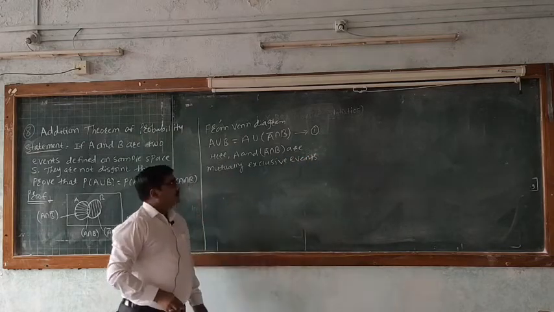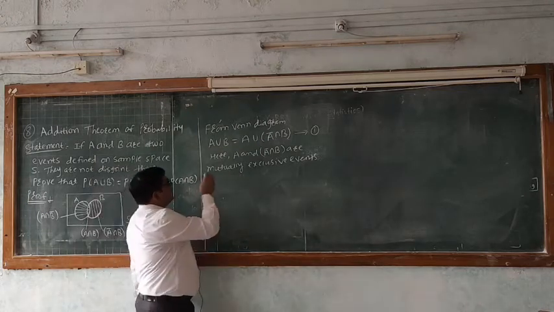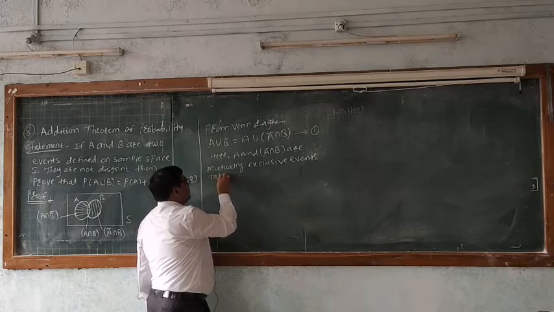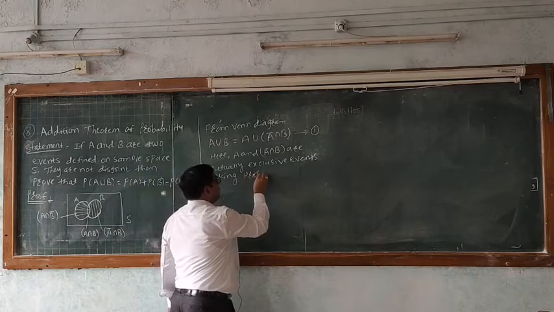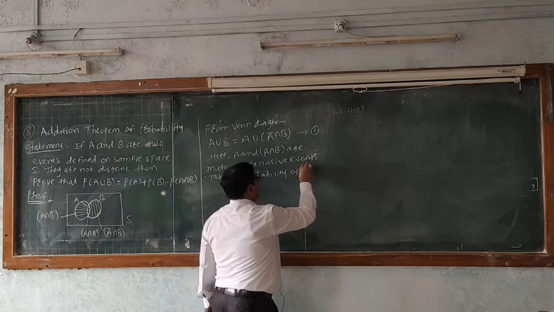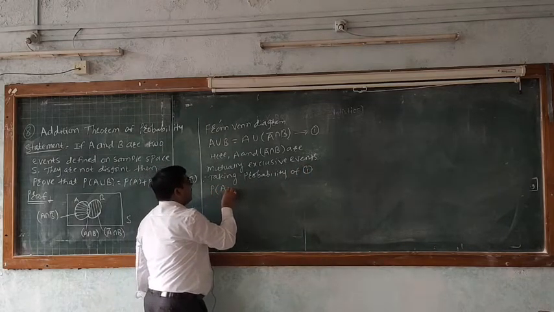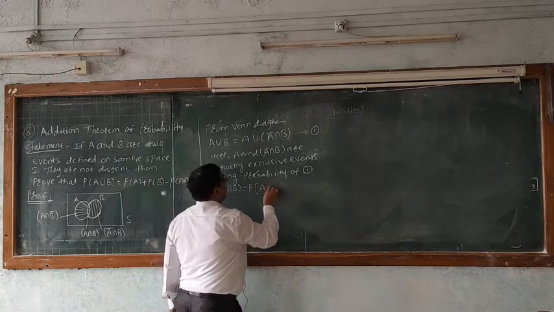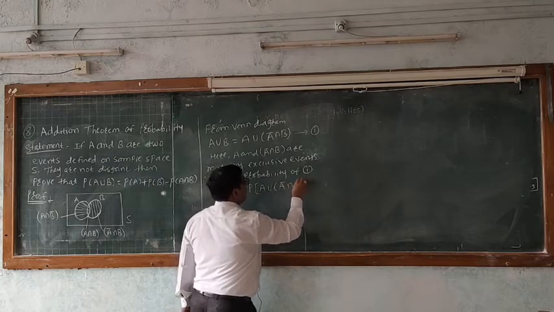So if the events are mutually exclusive, then taking probability of equation 1, probability of A union B equal to probability of A union A bar intersection B, right?